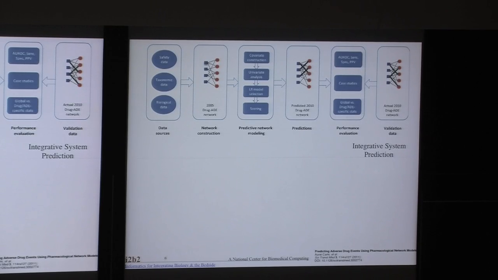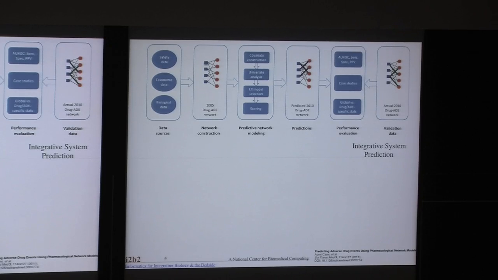This is another study that was done by one of my faculty, Ben Rice, which appeared in Science Translational Medicine a few months ago. They simply took off-the-shelf data that you all have access to: drug safety data, taxonomic data about how drugs relate to one another, and molecular characteristics of the drugs and their targets in the public domain.